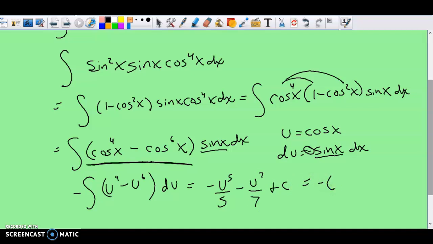So negative cosine, and that's it. That's what we're doing. So this is one case where you can break down sine. If you see sine squared, you can replace it with 1 minus cosine squared. Regroup it so that you see all the cosine stuff together, distribute, and then use u substitution.